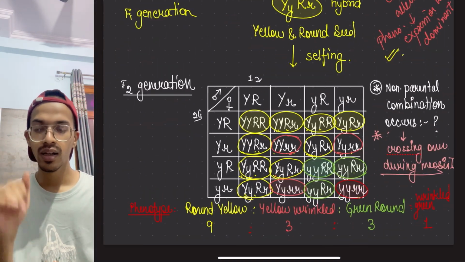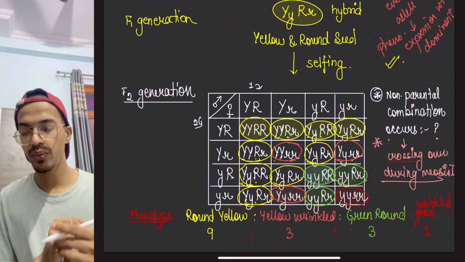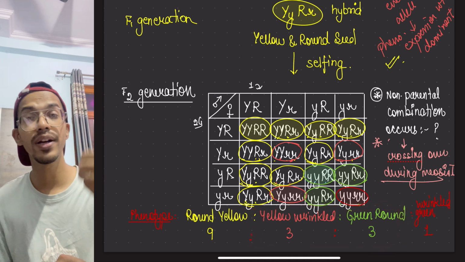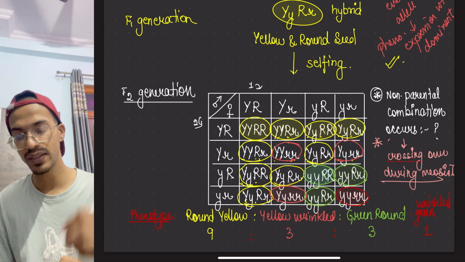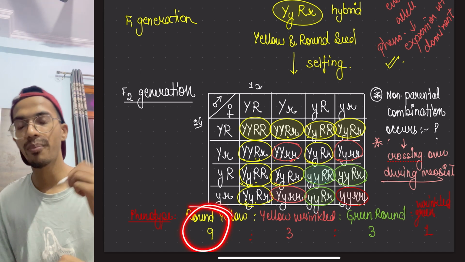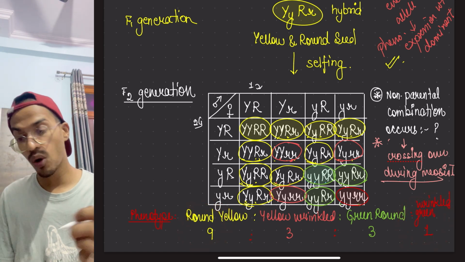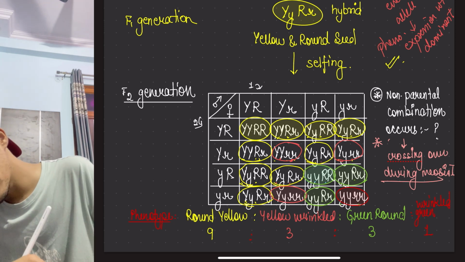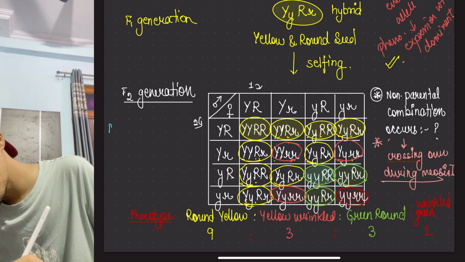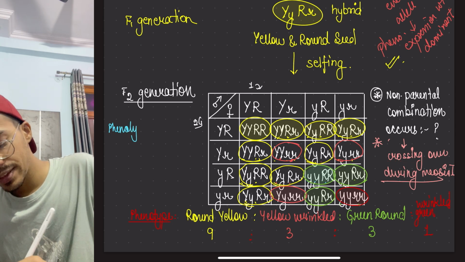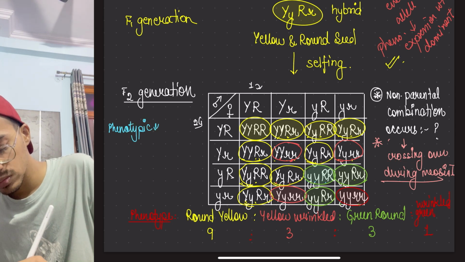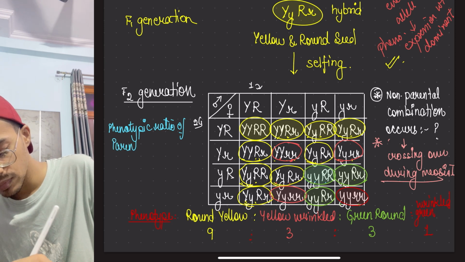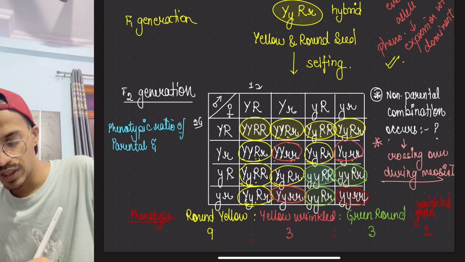And here, if I have to write it in a much better way, these are the non-parental combinations, or we call them recombinants. And these are the parental combinations. So in your exam, terms might come like: what is the phenotypic ratio of parental and recombinant?